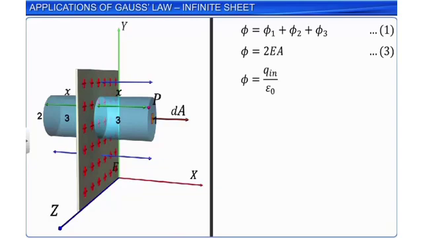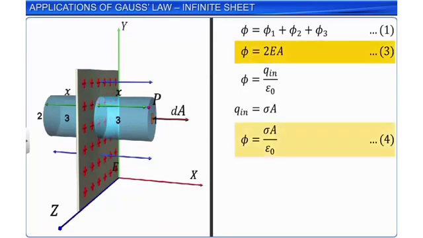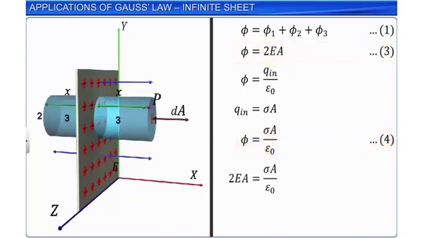Substituting the value of Q in, we get phi is equal to sigma A by epsilon naught. Let this be equation 4. From the equations 3 and 4, we get 2EA equal to sigma A by epsilon naught. Simplifying this expression, we get E equal to sigma by 2 epsilon naught. Let this be equation 5.